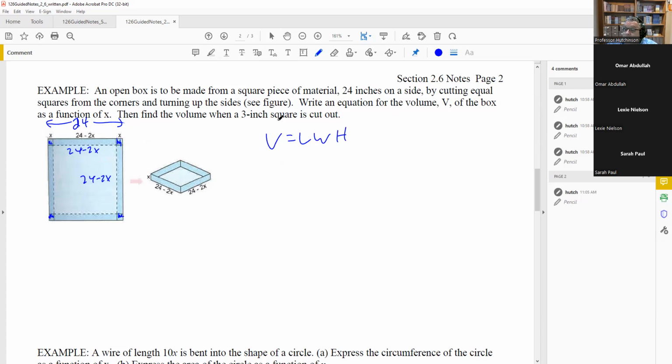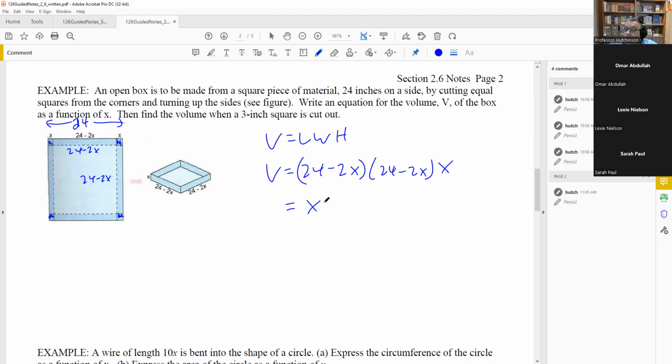In this case, length and width are both the same, 24 minus 2x, 24 minus 2x. And then we have an x, which is the height. Now we can rearrange this. We can put the x out front first.